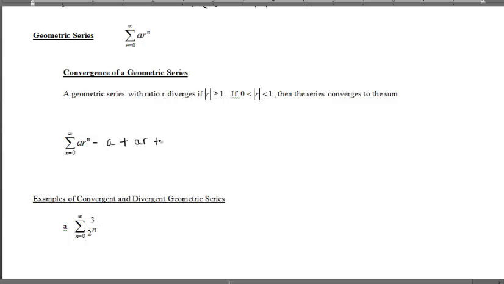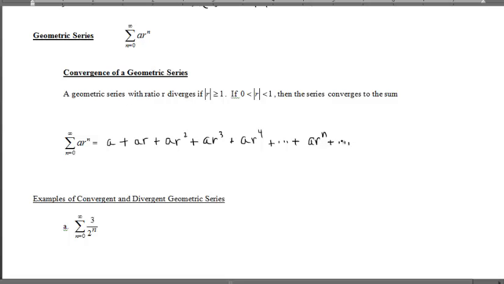If n is 2, then we're going to have a times r squared, etc. You notice that to produce the next term, you're always multiplying by the common ratio r. I think you've had earlier work with that a little bit in precalculus and some in algebra 2. Let's generate a few more terms till we get to a times r to the n plus dot dot dot.